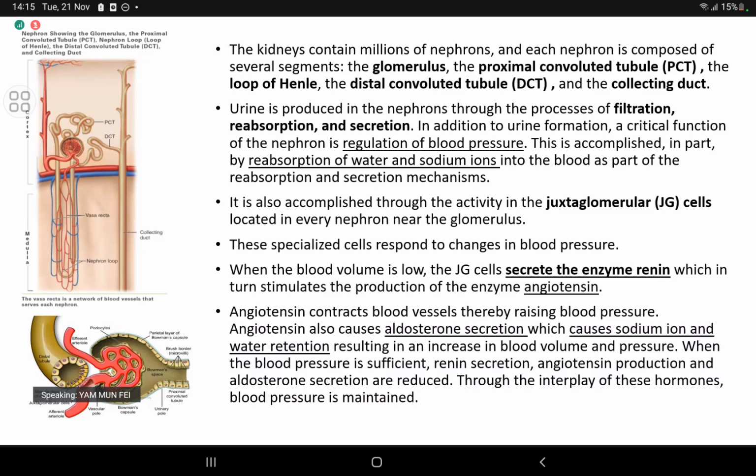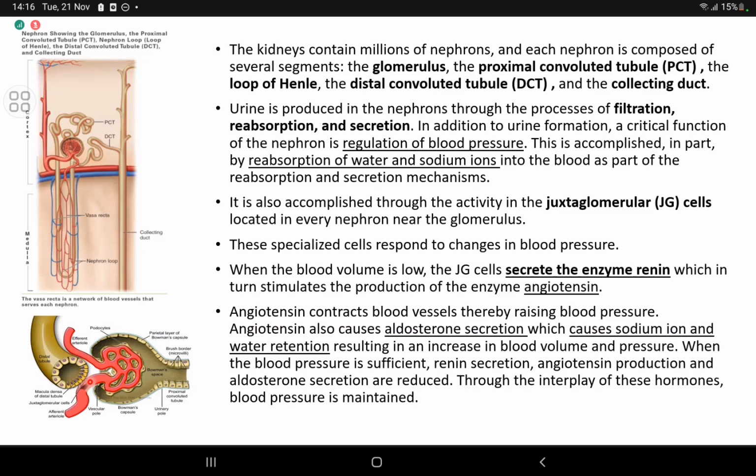How do you differentiate which one is afferent and which one is efferent? Afferent is where the blood comes in, and efferent is where the blood goes out. So how to differentiate? You look at the diameter. Afferent is definitely largest in diameter compared to efferent.